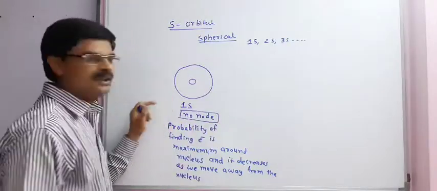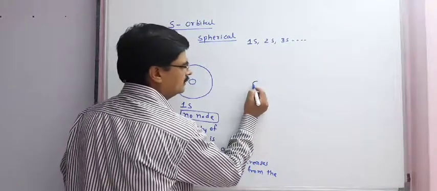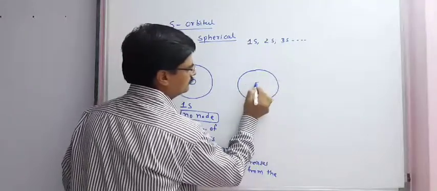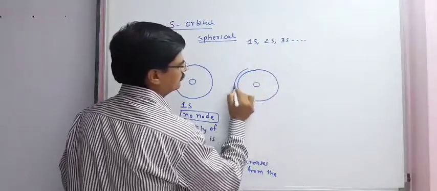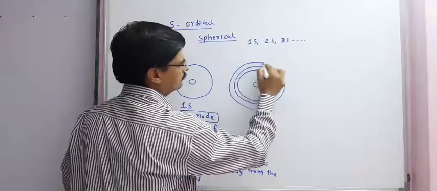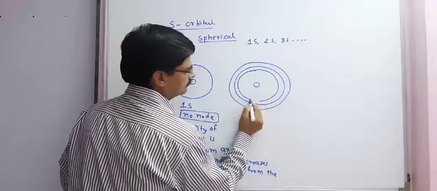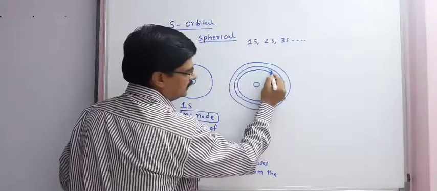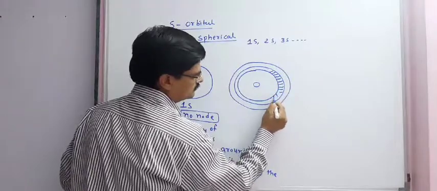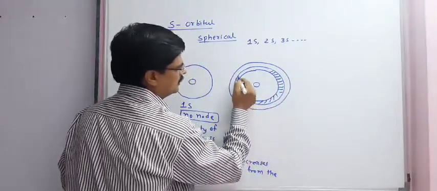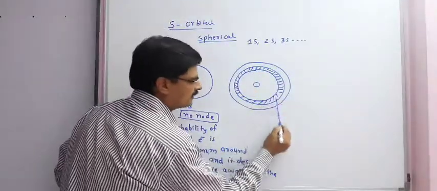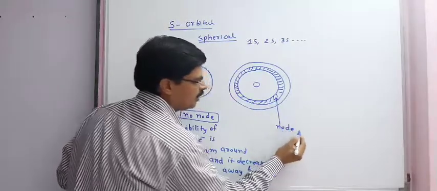But if we want to draw the boundary diagram of 2s orbital, then this region is considered as nodal plane or node.